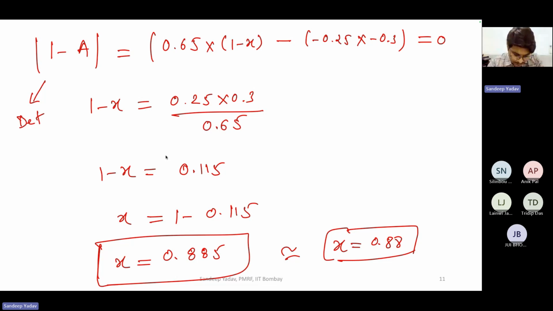When we solve this equation, it comes out to be 1 minus x into 0.65 equals 0.25 into 0.3, the minuses cancel out. If we divide with 0.65, then x is equal to 0.88. Is it clear? Yes, sir. Okay.